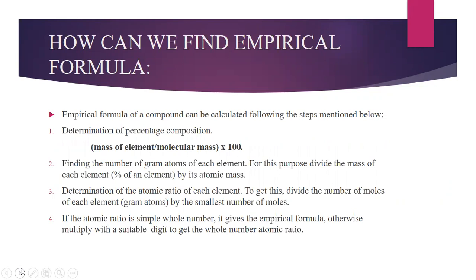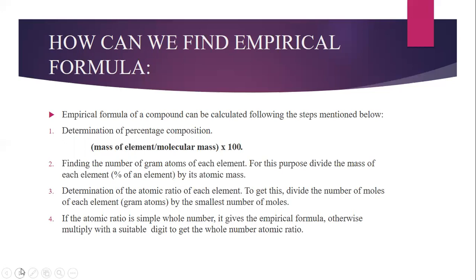Step 2, finding the number of gram atoms of each element. In order to find the gram atoms, we divide the mass of each element, here meaning the percentage of the element which we determined in the first step, by its atomic mass. Step 3, determination of atomic ratio of each element.